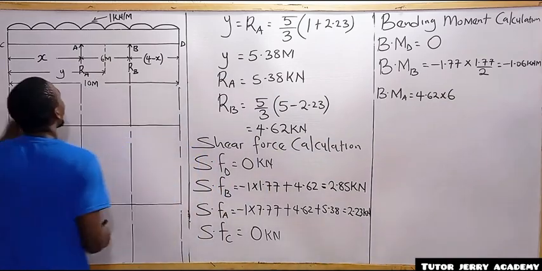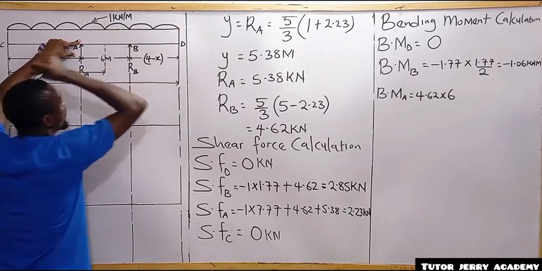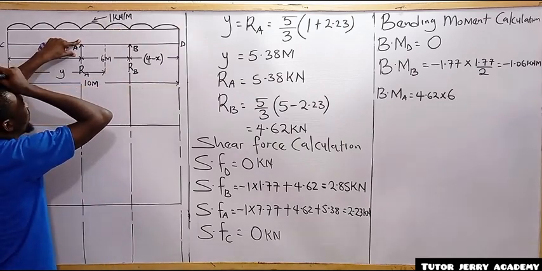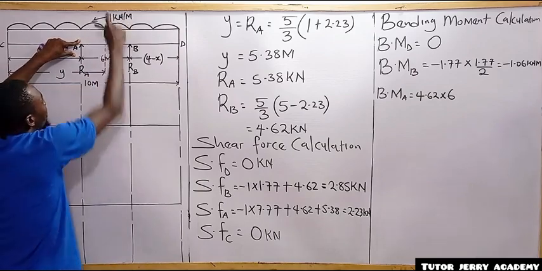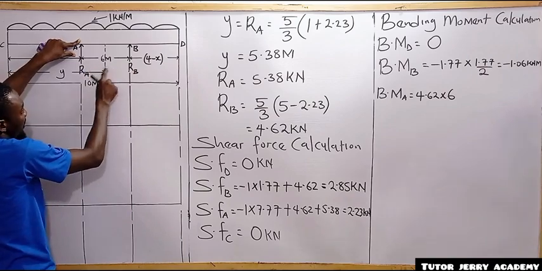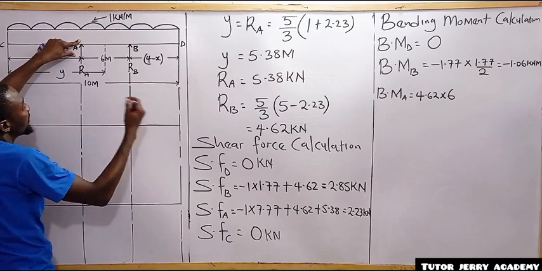Then again we have this uniform distributed load here, which we are going to convert to a point load. So 1 multiplied by the total distance from this point to this point, which is going to be 7.77.